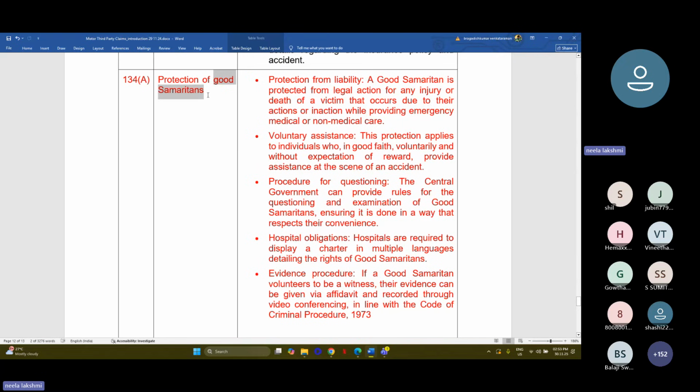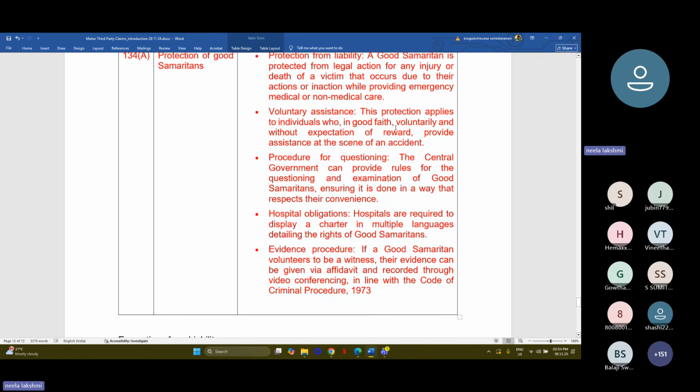Good Samaritans are protected if they voluntarily provide help to road traffic accident victims. A Good Samaritan is protected from legal action for any injury or death of a victim that occurs due to their actions. The first inhibition is removed.